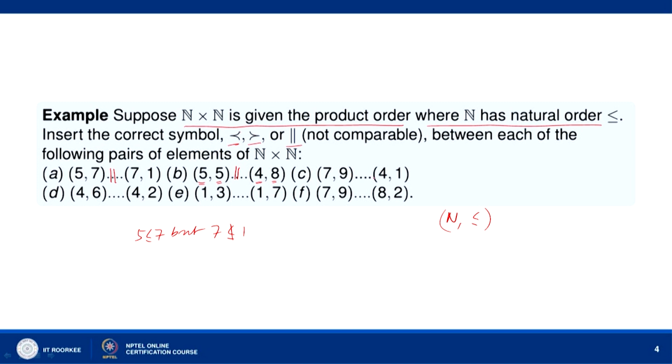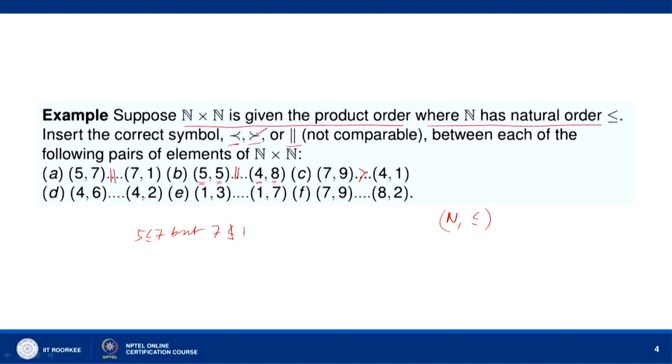Now, (7, 9) and (4, 2): 7 is greater than 4, 9 is greater than 2. So, (7, 9) strictly succeeds (4, 2), and we put the notation for strictly succeeds. Then (4, 6) and (4, 2): 4 is less than or equal to 4, but 6 is not less than or equal to 2.